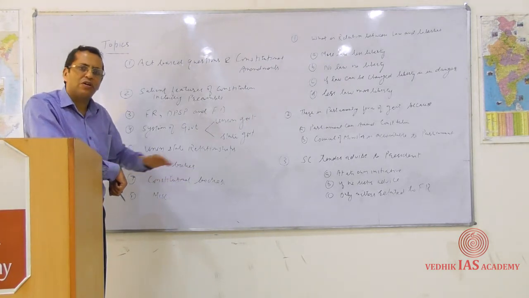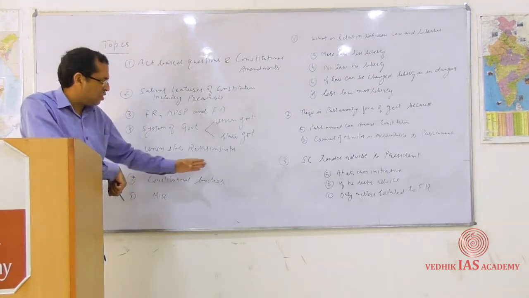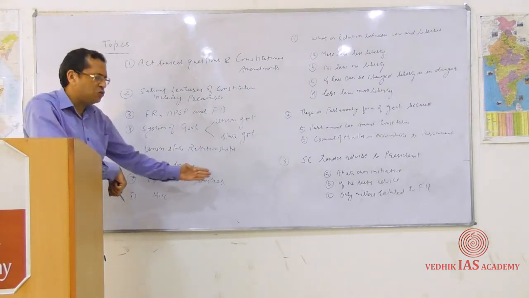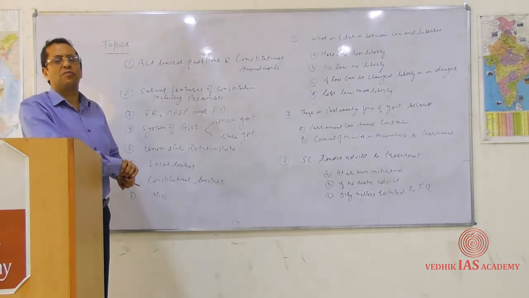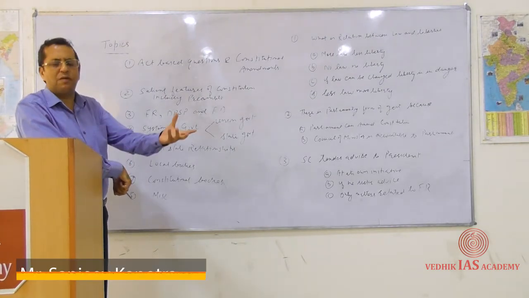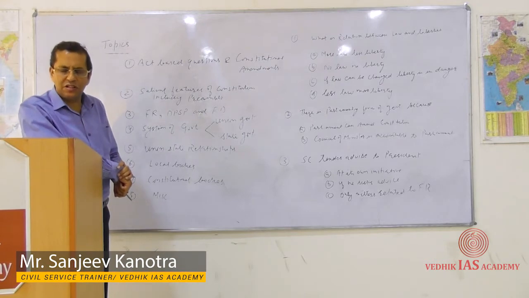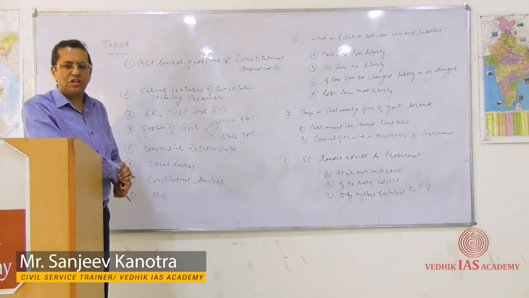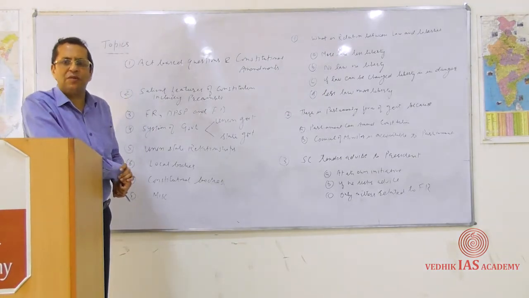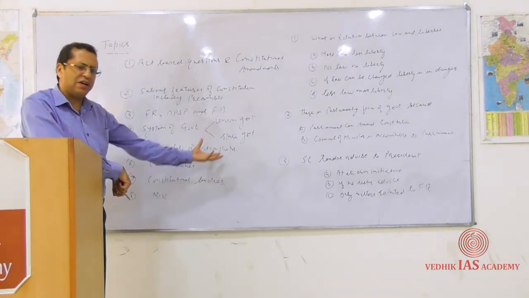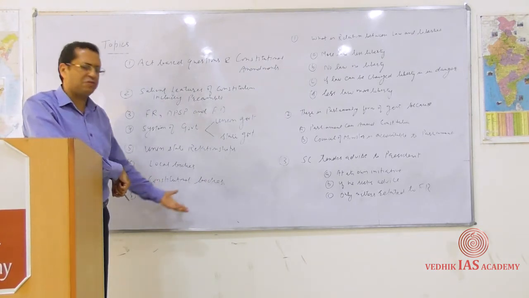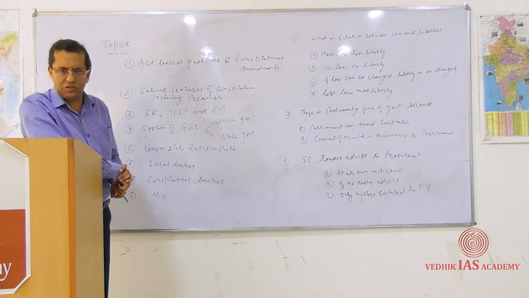And we have got 10 questions from this area. And then constitutional bodies like the Comptroller and Auditor General, Union Public Service Commission, State Public Service Commissions, Election Commission, Scheduled Caste Commission, and Commission for Scheduled Tribes, etc. From here we got roughly 6 to 7 questions, and the rest of the questions are miscellaneous.